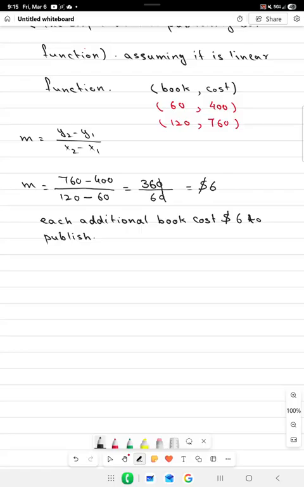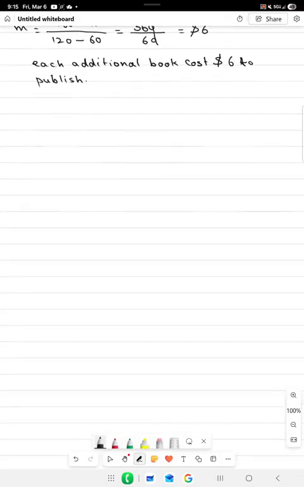Let's create a second part for this example, and I'll name it part B. Let's say, find the cost function C of x. Usually we name our cost function C of x.